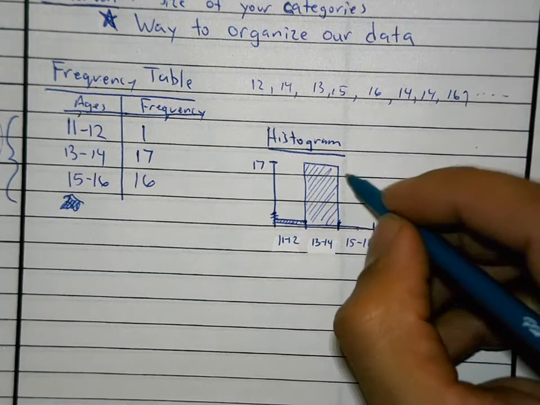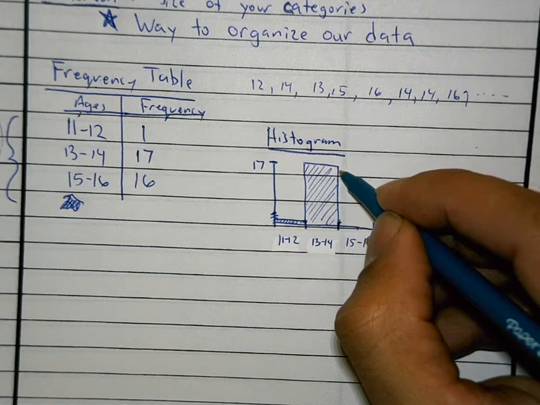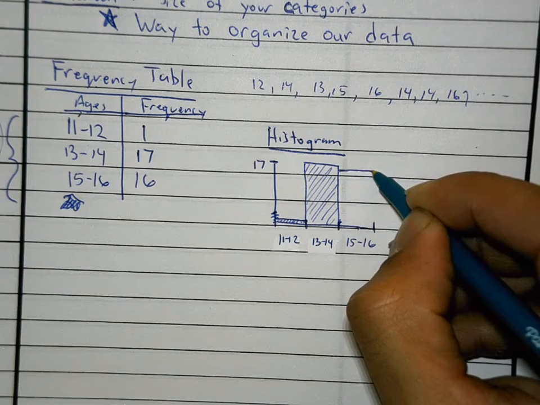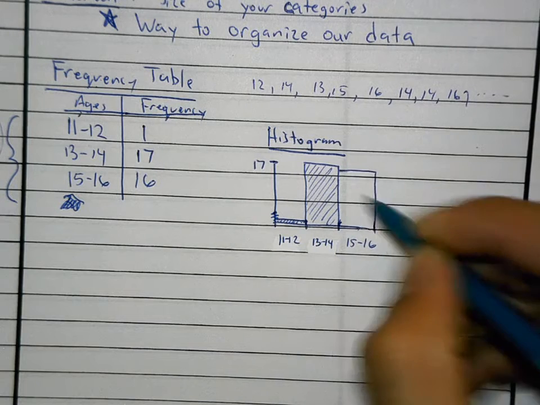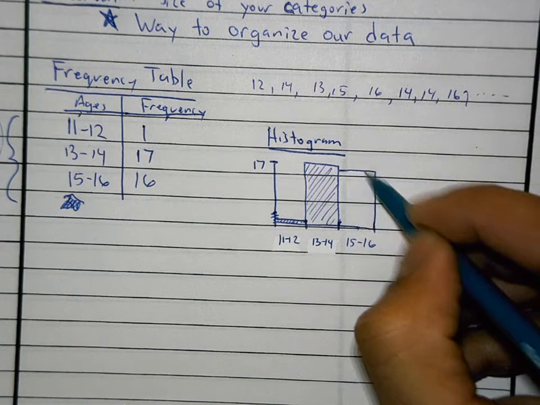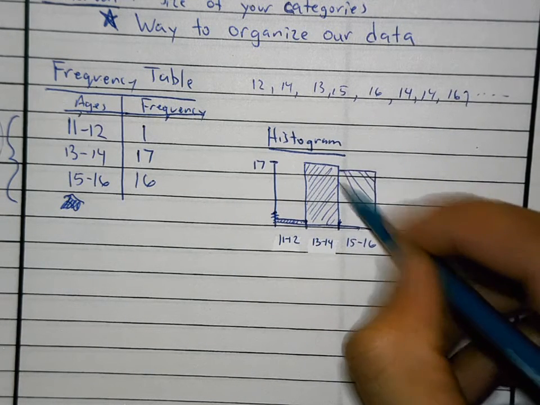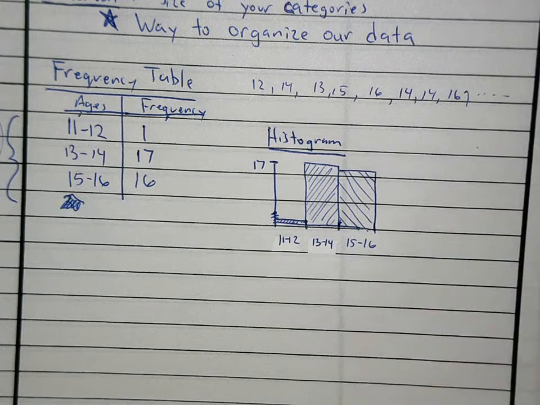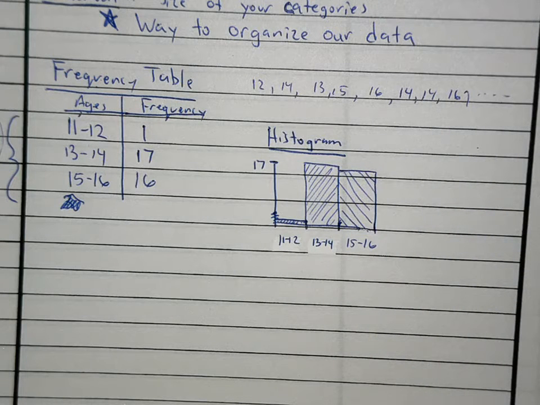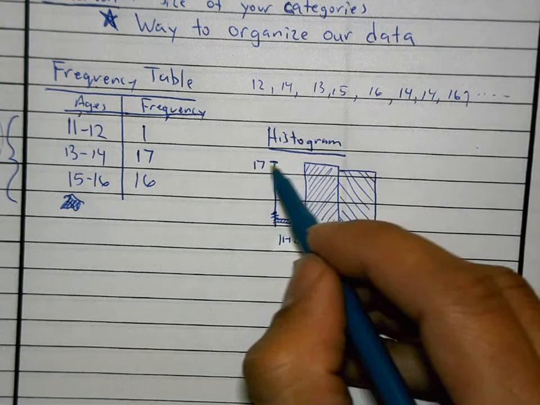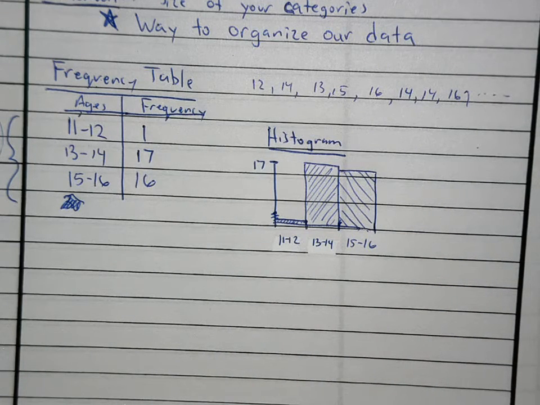So do I go up as high? I just need to make sure it's not the same height as the one before. And sometimes I will color it in a slightly different direction so I don't get confused as to which one is which. And of course, you could go in every single line if you wanted to, but a histogram is just a way to see the data.